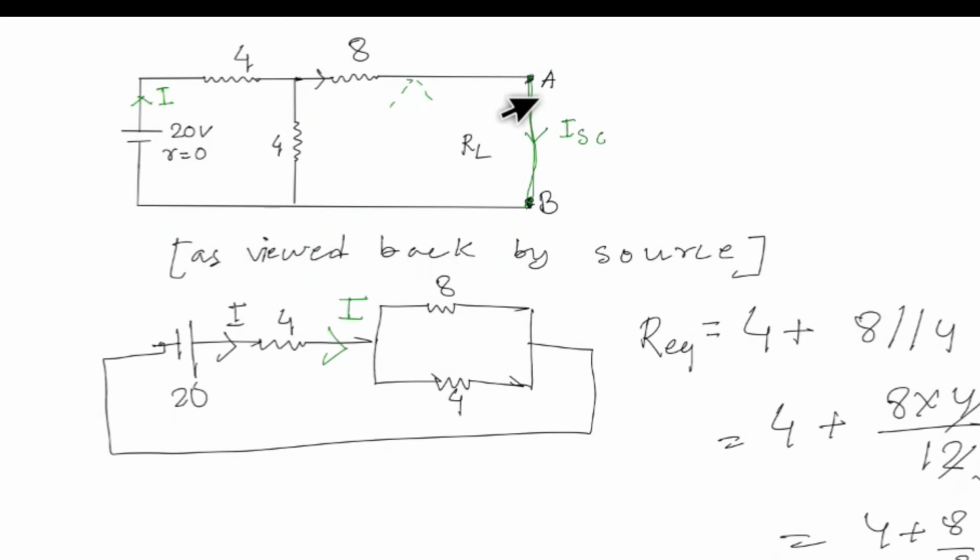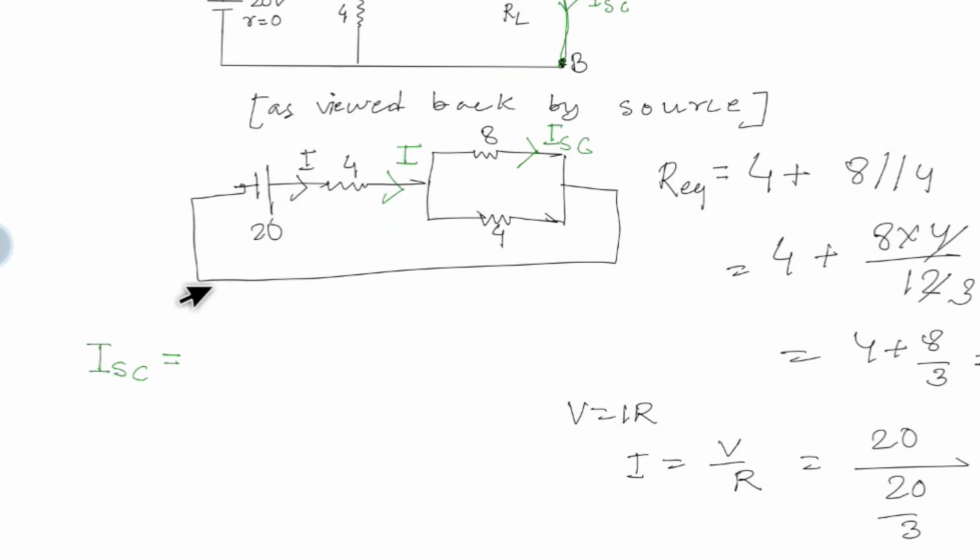The current ISC means the current across this 8 ohm resistance. So we have to find the current across this branch. ISC would be I into the opposite resistance, that is 4, by the sum of the two resistances, 4 plus 8.